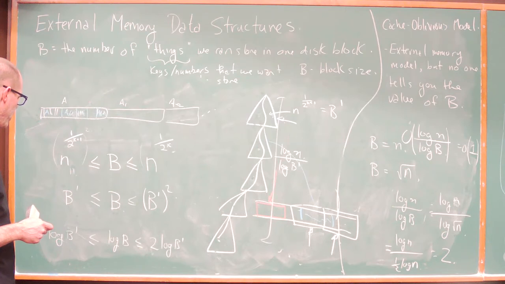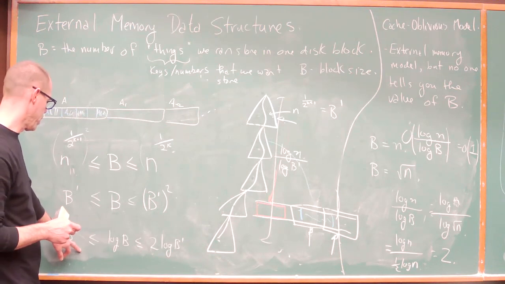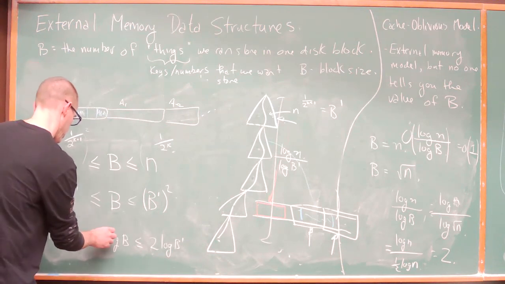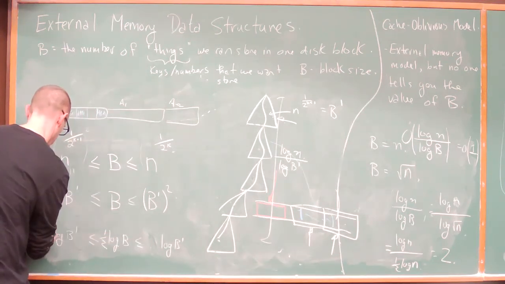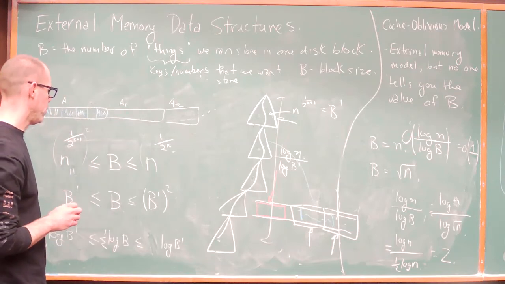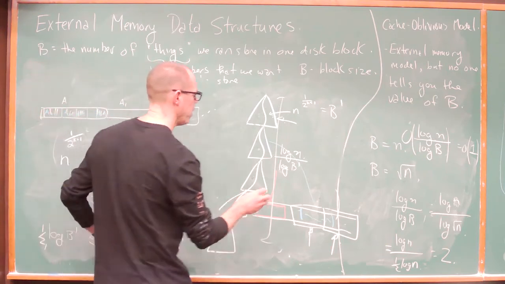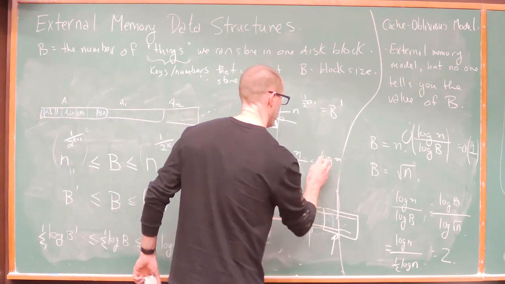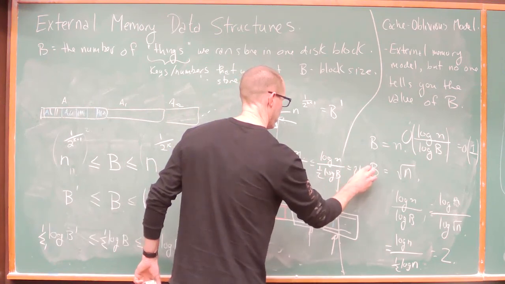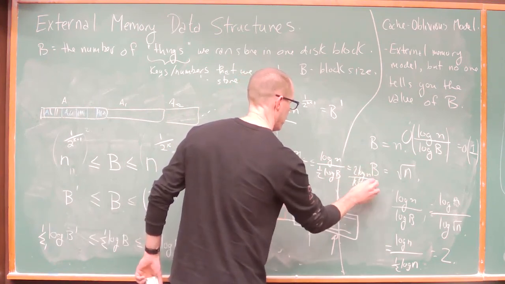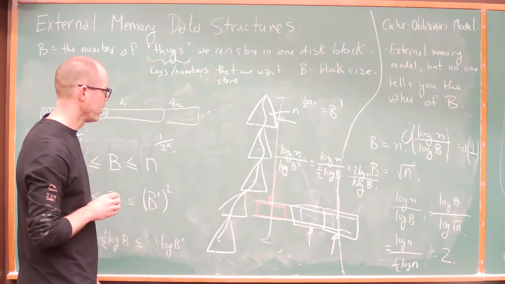But the log of B prime is at least, so let's divide by 2 everywhere, 1/2 log of B, so we get at most 2 log n over log B. Okay.